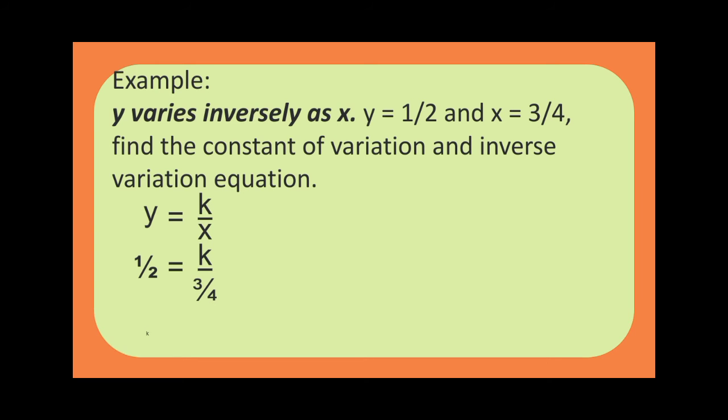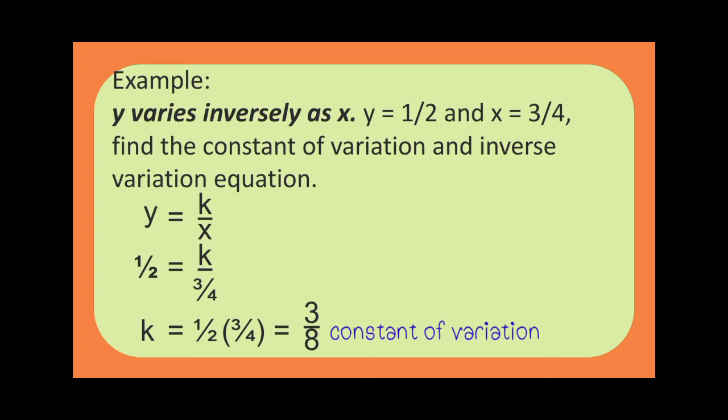By cross multiplication, we have now y is equal to 1/2 multiplied by 3/4. Then we have 1 multiplied by 3 is equal to 3. Then 2 multiplied by 4 is 8. So the constant of variation is 3 over 8. Then the inverse variation equation is y is equal to k over x, or xy is equal to k.